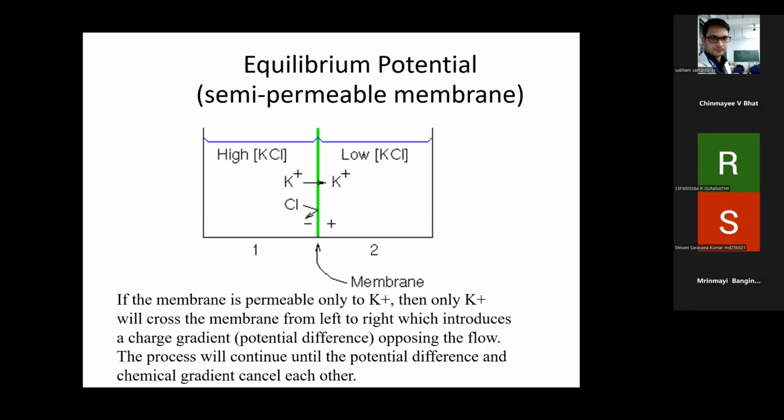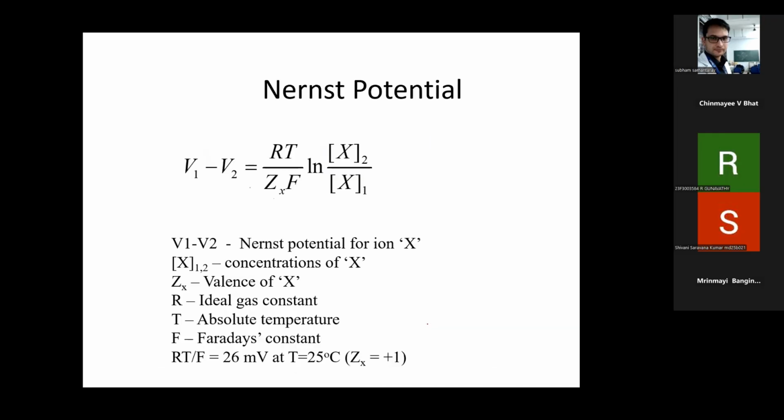So then that will create a current going from right to left. So you see that there is a chemical gradient acting from left to right because of the concentration difference, and that causes the buildup of an electrical gradient acting from right to left because of buildup of positive charge on the right side. At some point, these two tendencies or forces perfectly cancel each other.